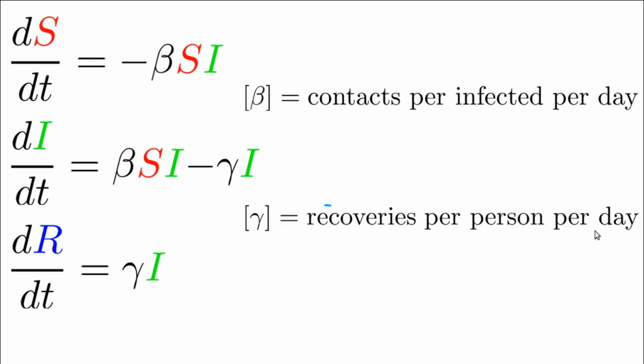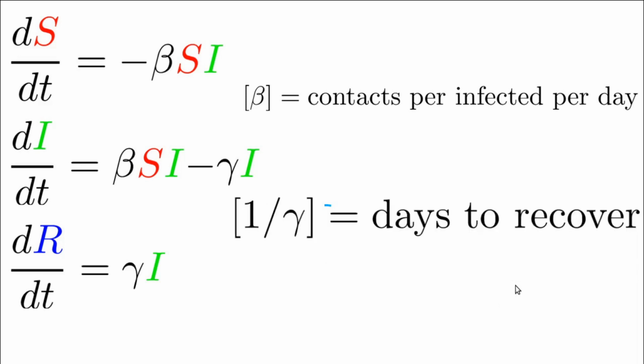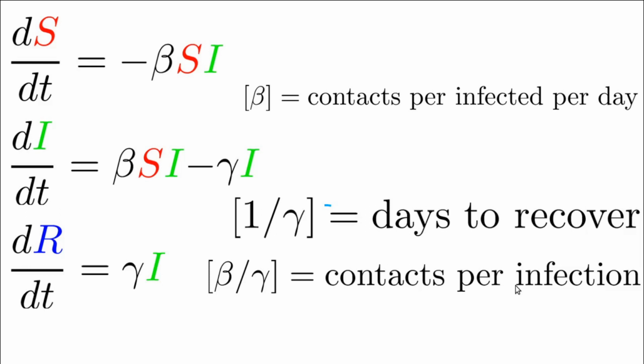So if that's recoveries per person per day, then 1 over this number will be the days to recover. Now, if we assume that you're moving about still when you're infectious, when you're contagious, then the number of contacts per day times the days to recover would be the number of contacts you have while you're infectious.